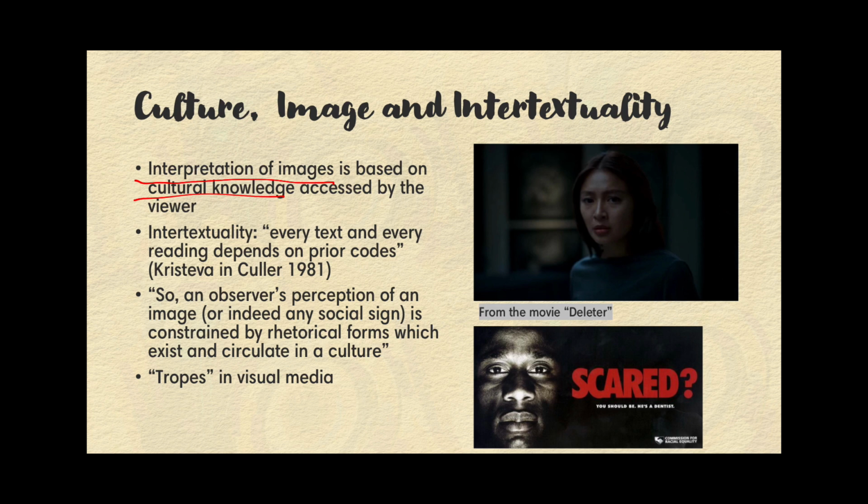Again, that's a very extreme example, no? But every meaning that we hold true and every way we read the text that we see depends on the prior coding that we receive in our society, in our social life before. So an observer's perception of an image or indeed any social sign is constrained by rhetorical forms which exist or circulate in a culture.